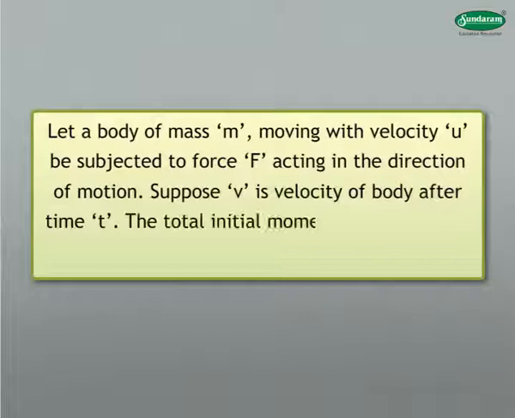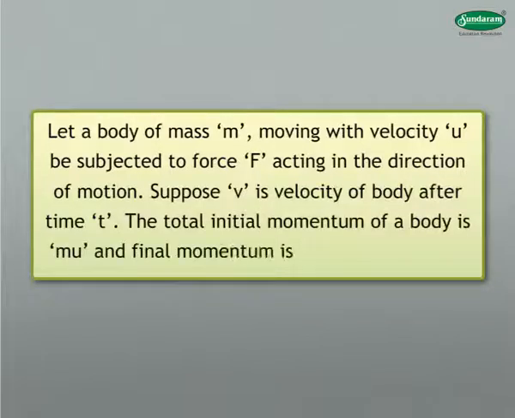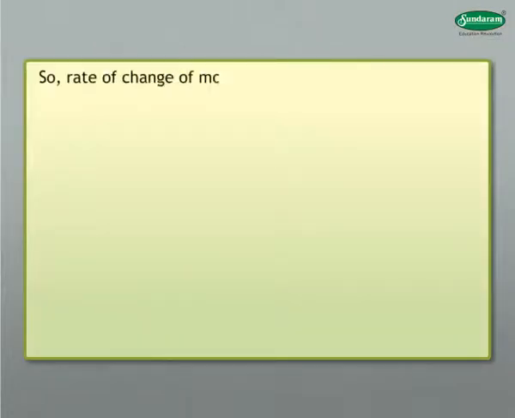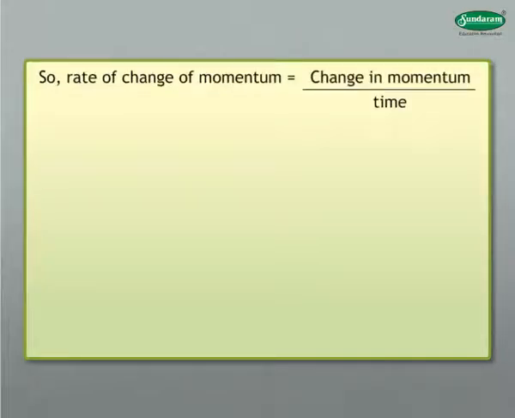The total initial momentum of the body is mu and the final momentum is mv after time t. So the rate of change of momentum is equal to change in momentum divided by time. Therefore, the rate of change of momentum is (mv minus mu) divided by t.